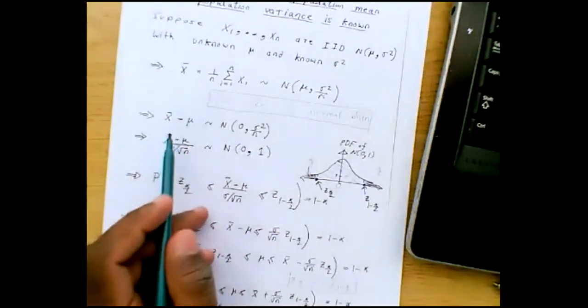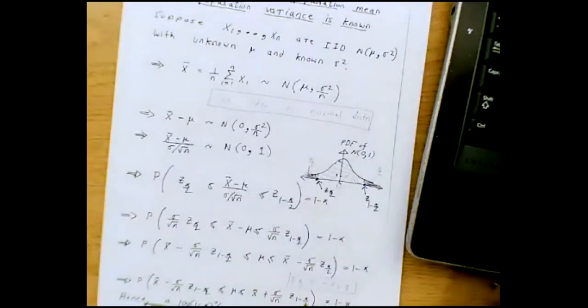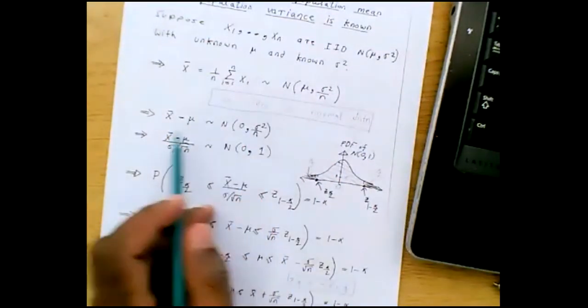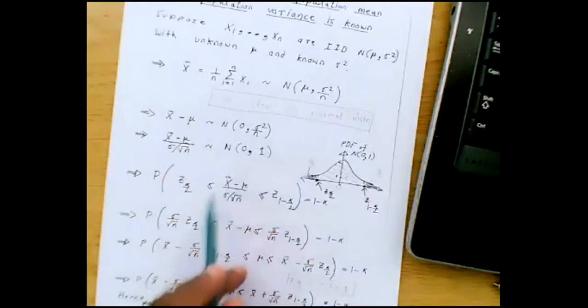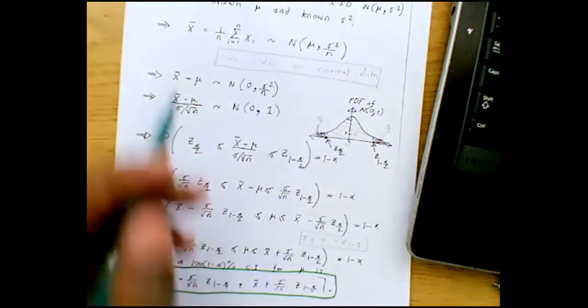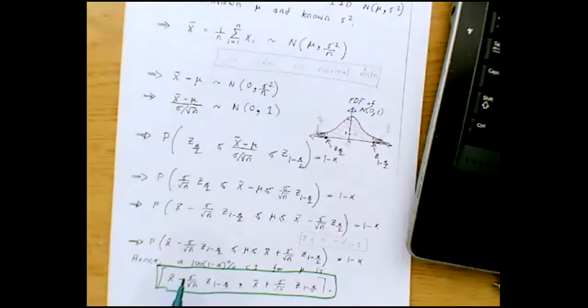Now from this statement, this follows, and from this statement, this follows. And if you continue going through these steps, I'm not going to go through them again because I've done this already in the video. So I hope you've seen the video already.